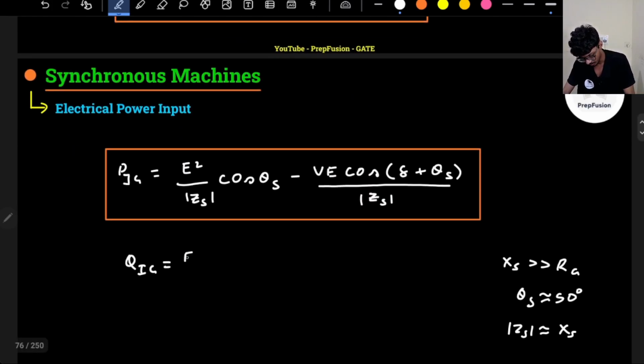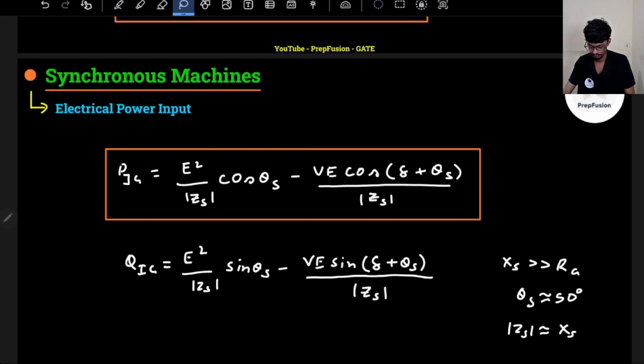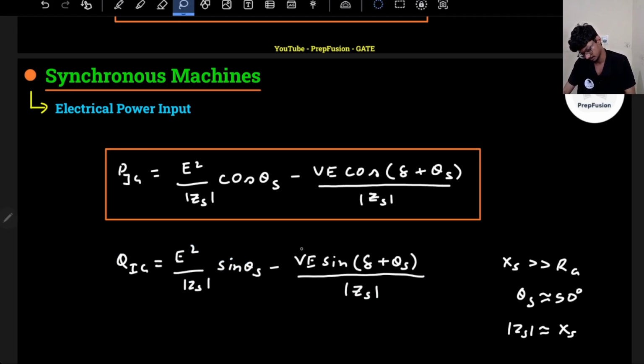So the reactive power will be E square divided by magnitude of Zs into sine of theta s minus VE into sine of delta plus theta s divided by Zs.